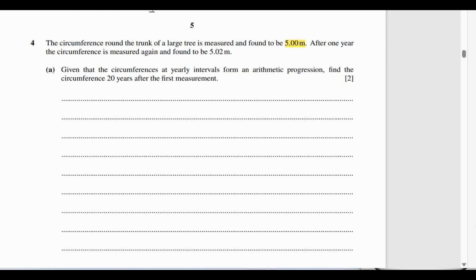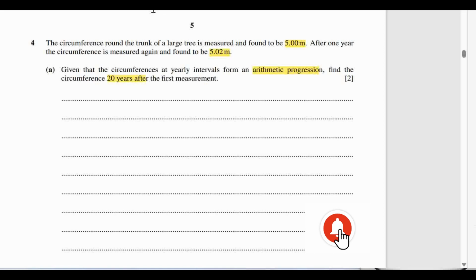After 1 year, the circumference is measured again and found to be 5.02 meters. Given that the circumference at yearly intervals forms an arithmetic progression, find the circumference 20 years after the first measurement.